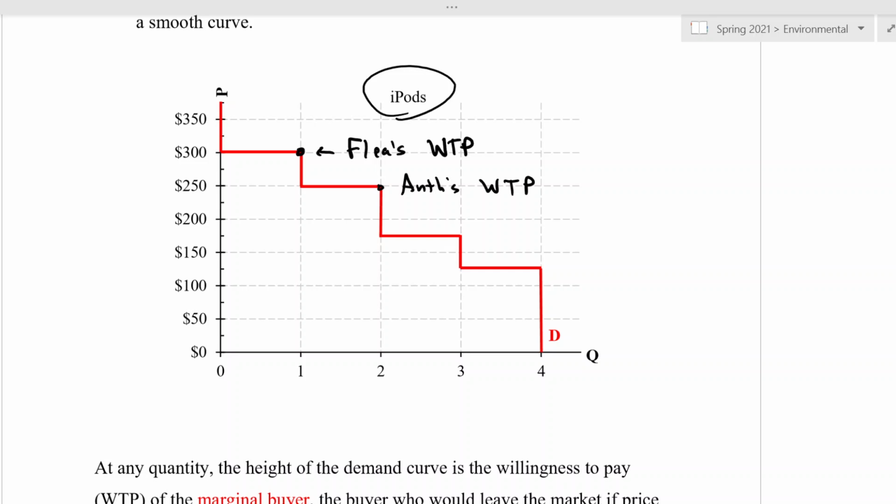And this is true for iPods, it's true for computers, cars, all sorts of goods, even goods that are hard to measure. But inside this demand curve, we have a lot of very personal, intrinsic valuations that people put on things in society.